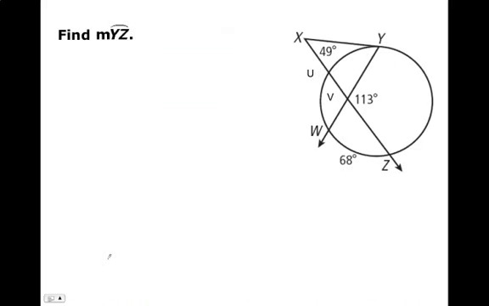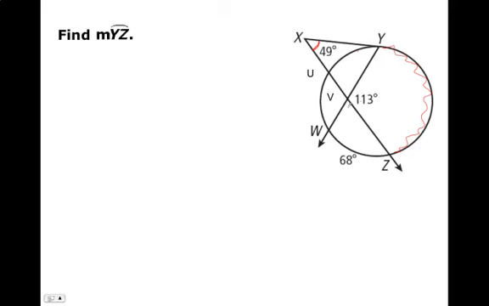Because now you're going to start having pictures that are more involved than the ones we've been looking at. For instance, here we want to find the measure of arc YZ. This is the arc we want to find. Well, if you notice, we have this angle here, but we don't know this arc. We do know this angle, but we don't know either one of these arcs.